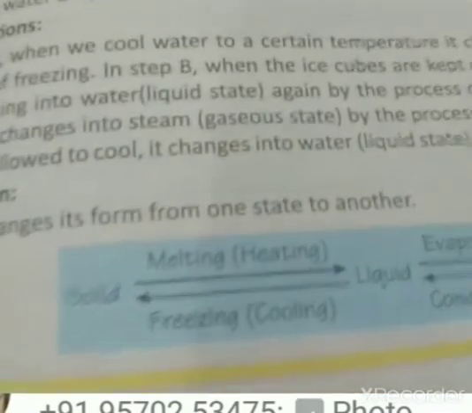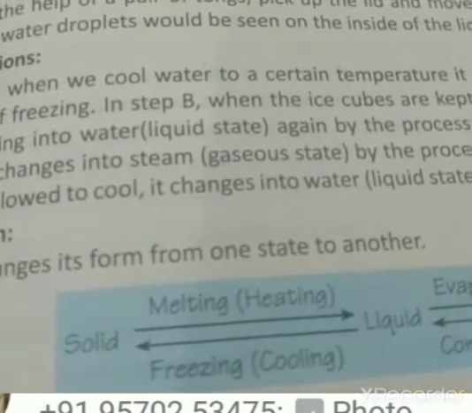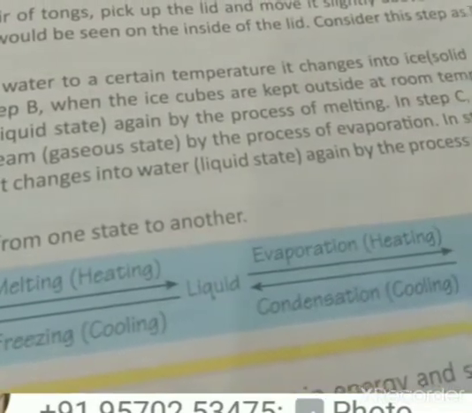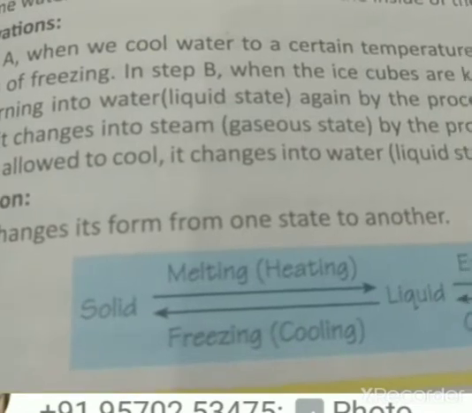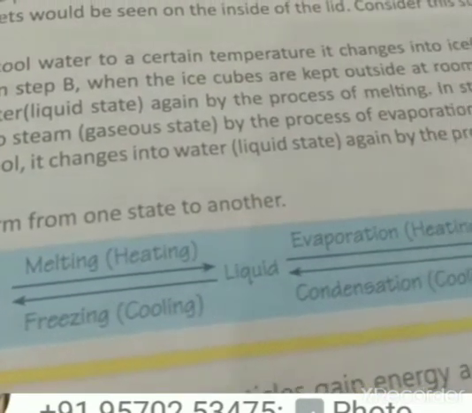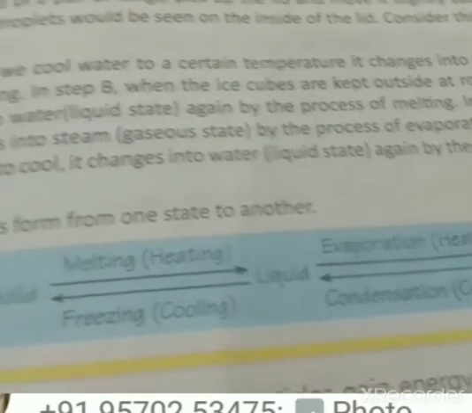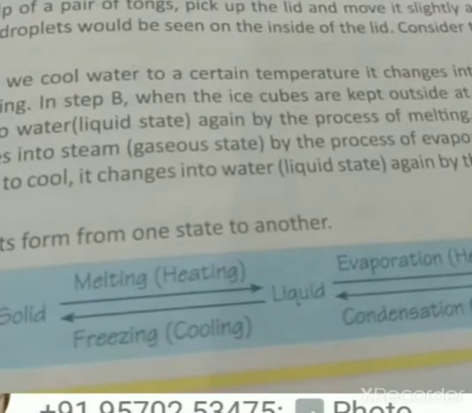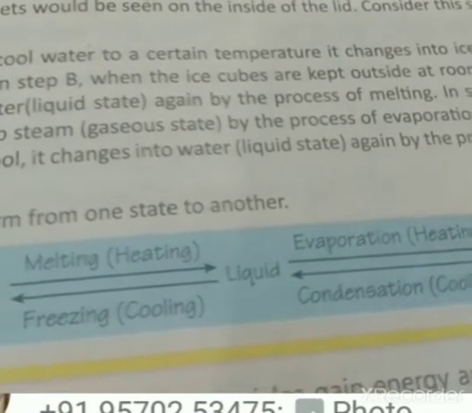So you see the observation in step A: when we cool water to a certain temperature, it changes into ice, that is a solid state, by the process of freezing. In step B, when ice cubes are kept outside at room temperature, they melt into water, again by the process of melting.